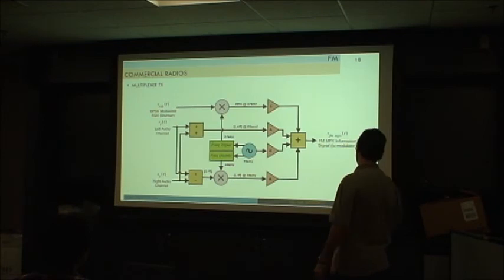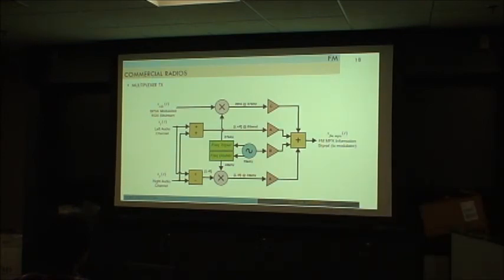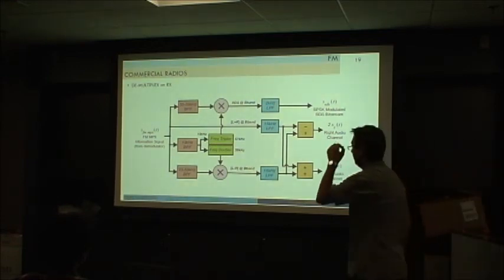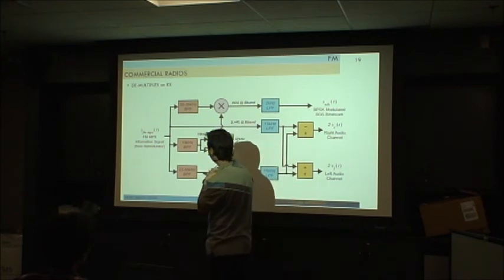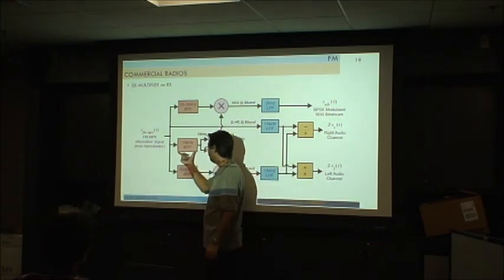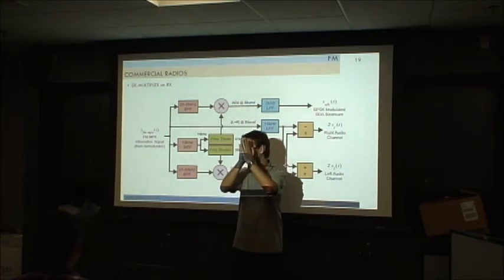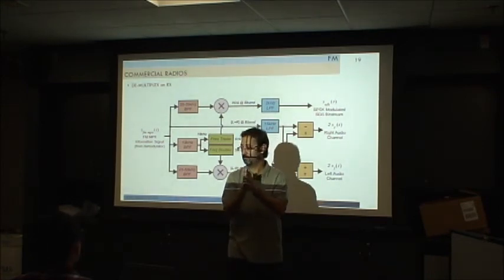And on the receiver side, this is, let's say, the transmitter. And on the receiver side, that is the most interesting part. Here, you will see in the lab that you will have a very narrow notch filter to capture that 19 kilohertz tone.